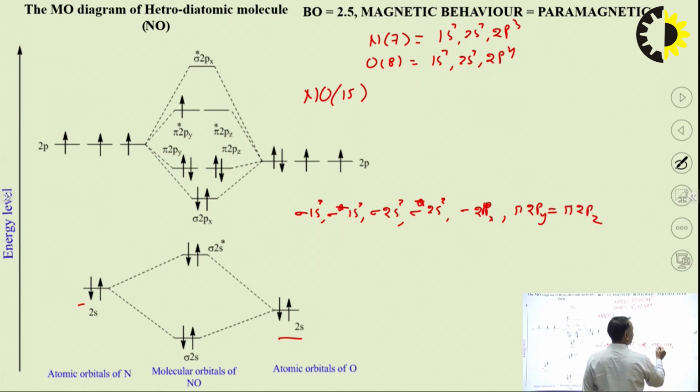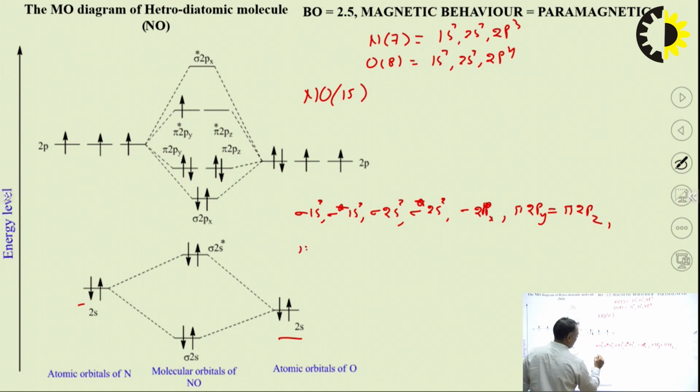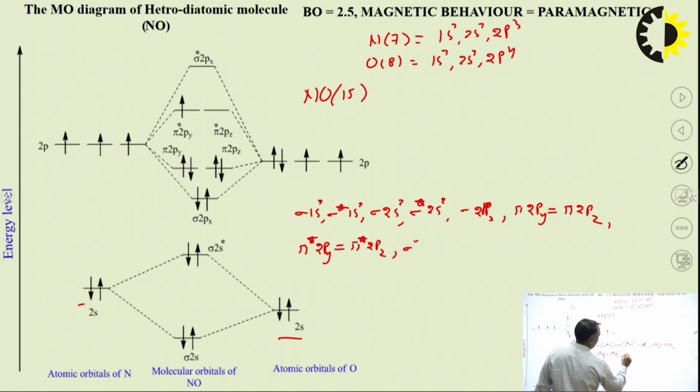This equal to means the energy of these pi 2p orbitals is equal. Now, electrons will go in pi star 2p y, pi star 2p z, sigma star 2p x.